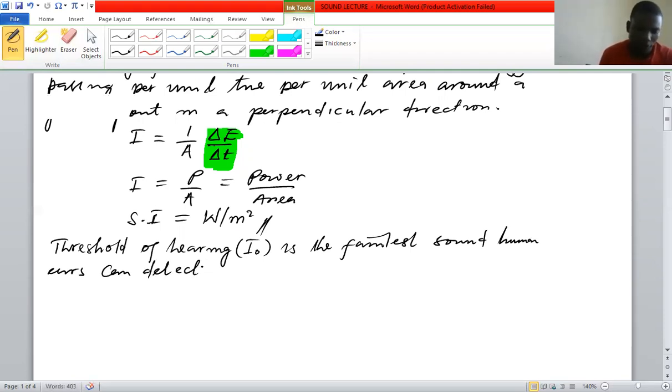Okay, so the faintest sound that a human ear can detect is called the threshold of hearing. And this threshold of hearing is actually at about 1000 hertz. Okay, that's the frequency. The frequency of threshold of hearing is 1000 hertz.